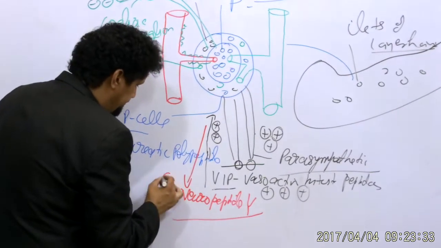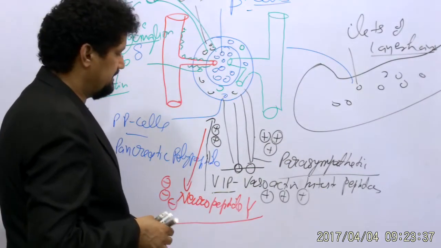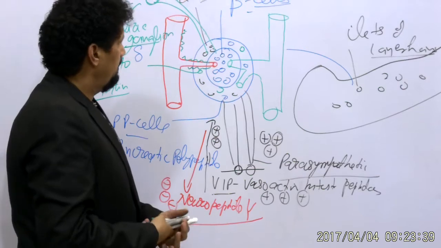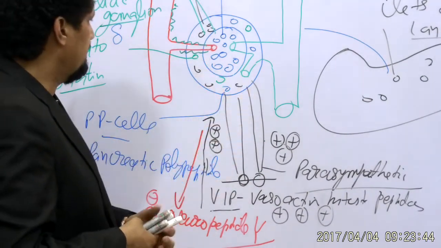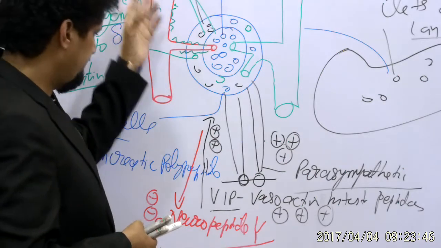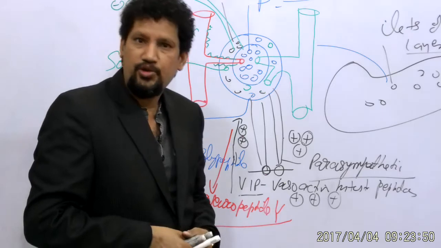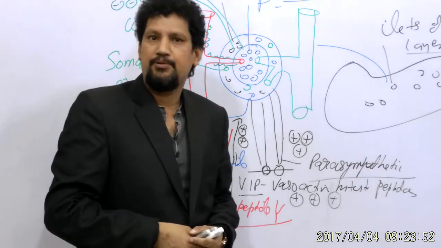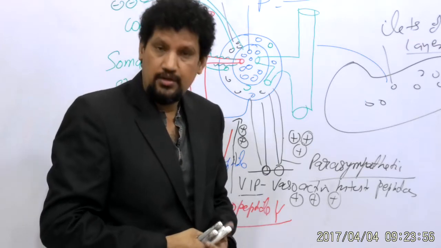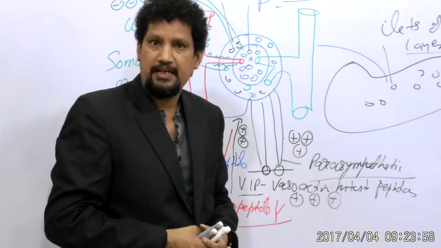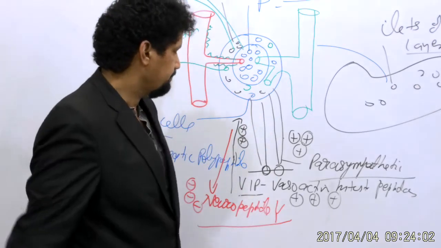This is inhibitory for the insulin. These are special parasympathetic fibers. So, the beta cells are secreting insulin, and these are regulated by the sympathetic as well as the parasympathetic postganglionic fibers, which are coming from the celiac ganglion and from some local ganglion, which are having postganglionic parasympathetic fiber for the beta cells.